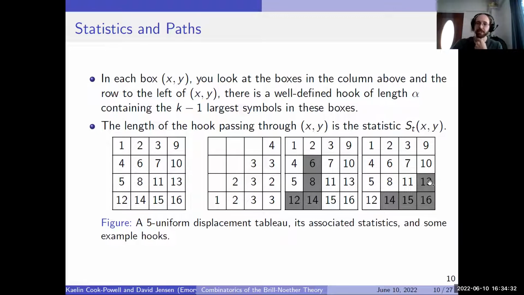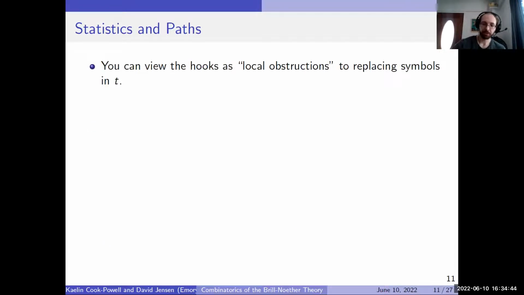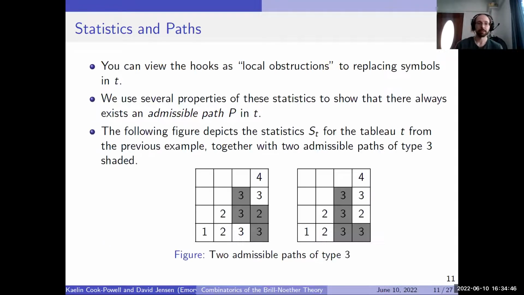And then some associated hooks as well. Here's another hook of length 2 and a hook of length 3. These are local obstructions. There's always a path. And here's an example of such a path that winds its way through the tableau that we had just seen.